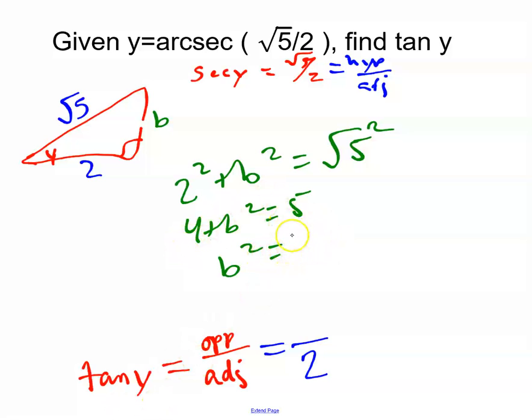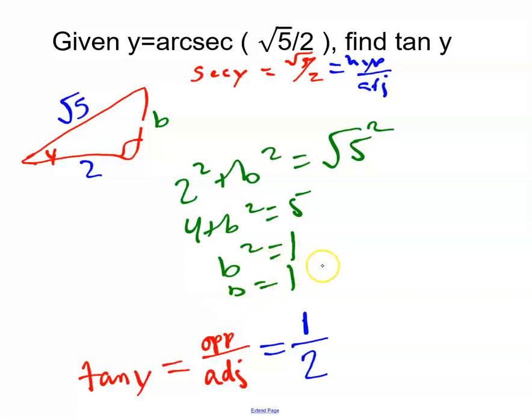So subtract the 4, and that gives you B squared equals 1, which makes B equal 1. Square root of 1 is 1. And so that gives us tangent being 1.